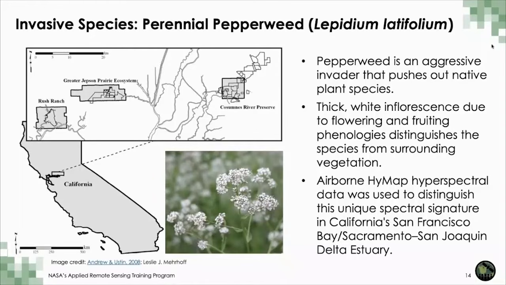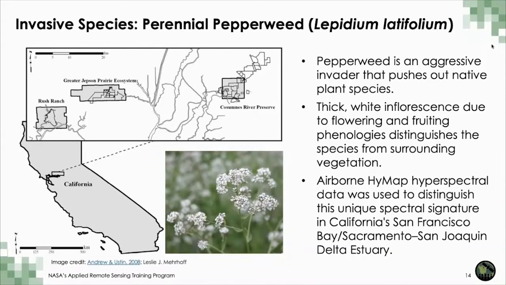This study used HIMAP, which is hyperspectral data that was collected in the San Francisco Bay, Sacramento, San Joaquin Delta estuary of California. And they used this to detect these infestations of pepperweed.